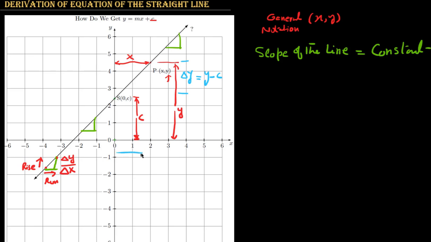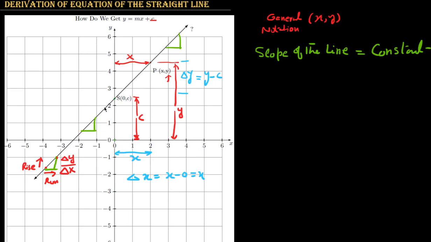This distance is x. X is the x coordinate of the point, the distance from the y-axis. This is x, and S is at 0. So delta x is x minus 0, or you can say it is x.